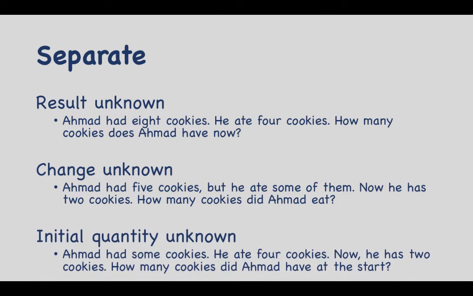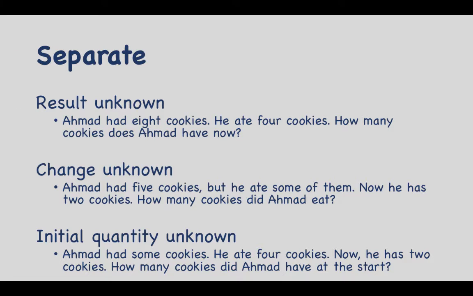Sometimes the concept of difference is important even when we are using addition to find a solution. In separation problems where the initial quantity is unknown, for example, Ahmad had some cookies. He ate 4 cookies. Now he has 2 cookies. How many cookies did Ahmad have at the start?